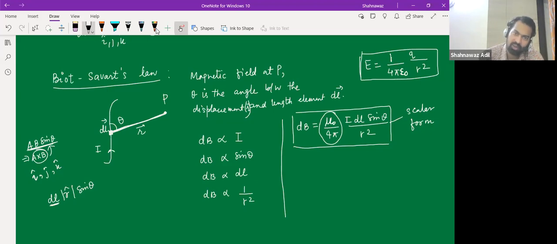What is the magnitude of a unit vector? What do you understand by a unit vector? So you guys have forgotten the vector classes.